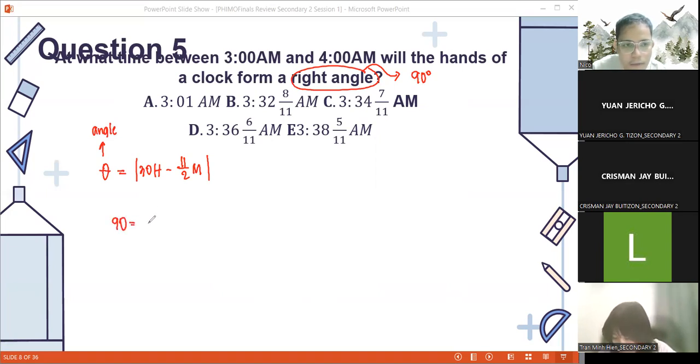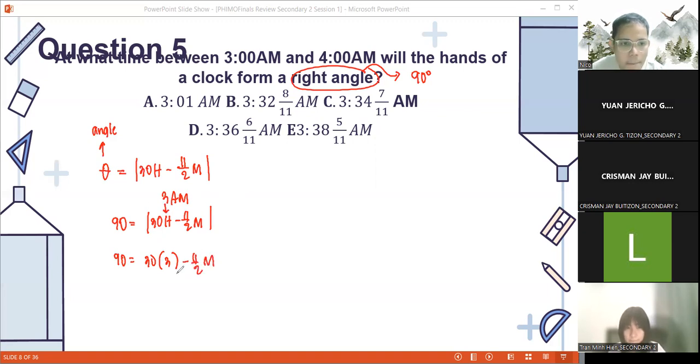So let's have it as 90 equals the absolute value of 30h minus 11 over 2 m. This absolute value corresponds to only a positive value. It's 3 a.m., so h is 3, and 30 times 3 is 90.